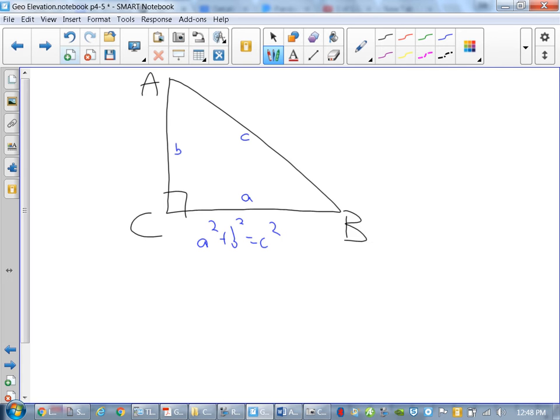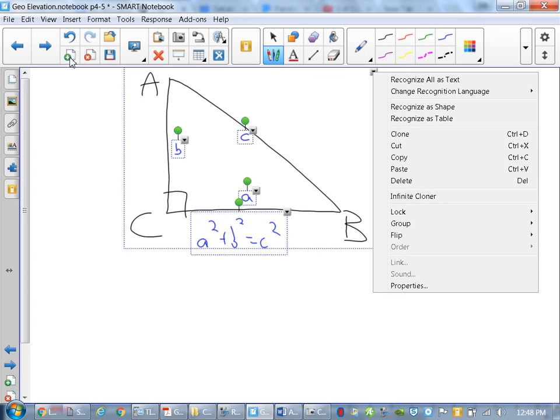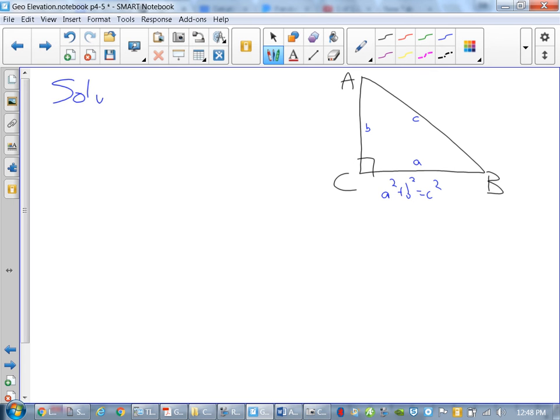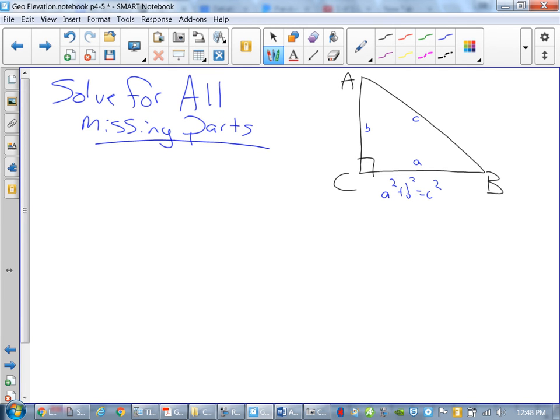With that being said then, there's really only 2 possible scenarios that you can come across. When we talk about this idea of solving the right triangle, that basically means I'm going to solve for all missing parts. Well, if you are given two sides, if you are given 2 sides of a right triangle, how many other sides do you have to find?